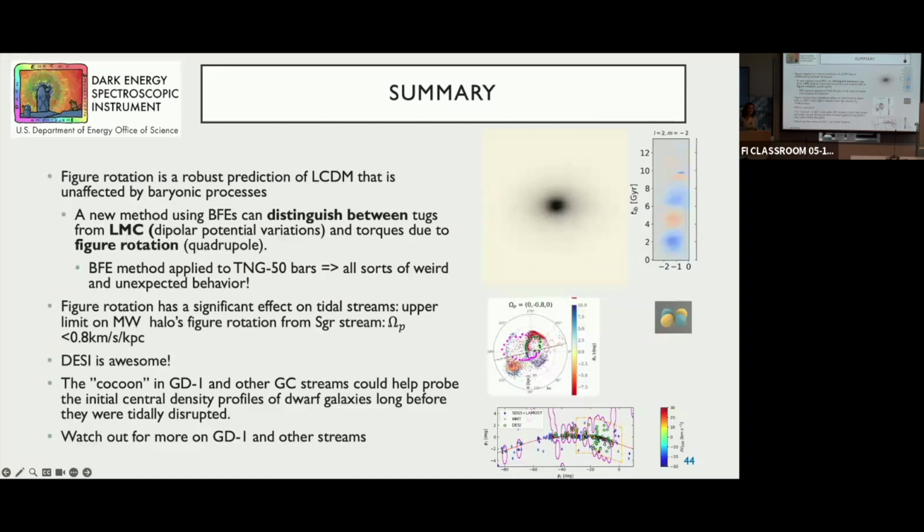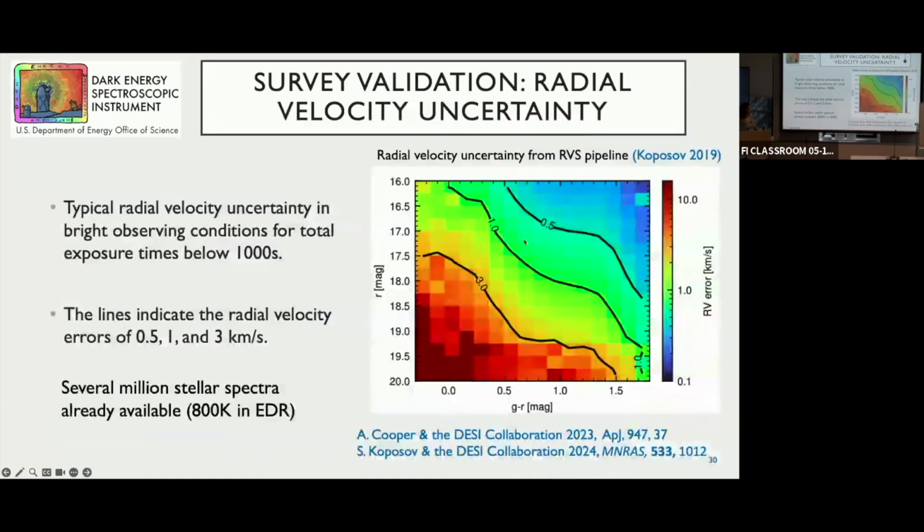What's the limit on the radial velocity errors, and what can we improve to get better radial velocity errors? Well, right now the limit is just based on exposure time. The Milky Way survey doesn't drive the survey program.